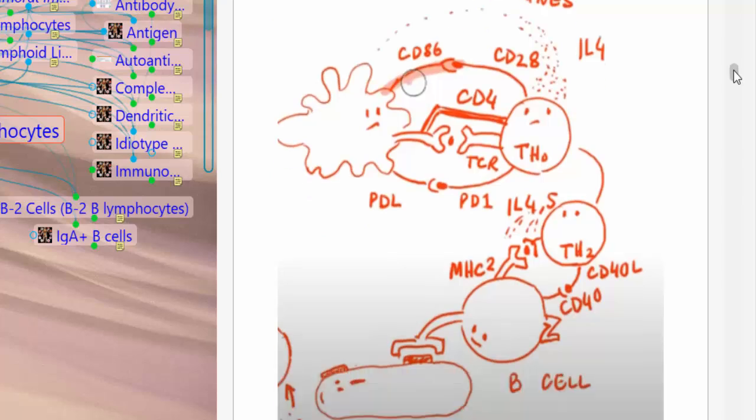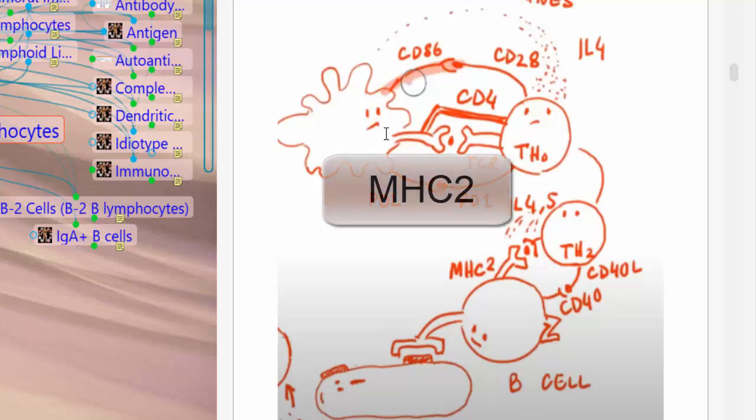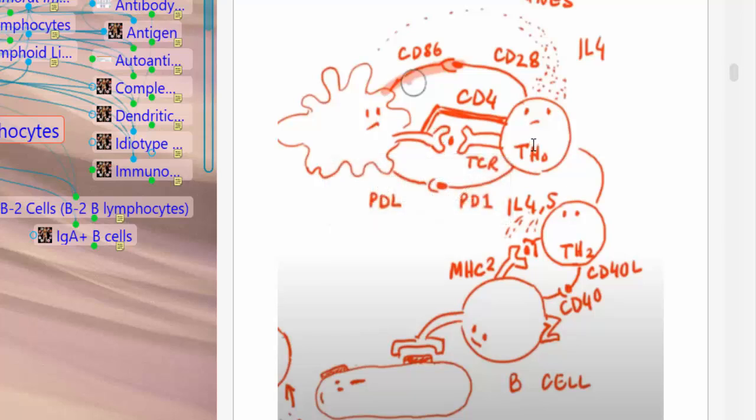Here we see a dendritic cell, and that little arm there is the MHC2, and it's presenting an antigen to a naive T cell, that's T cell 0.